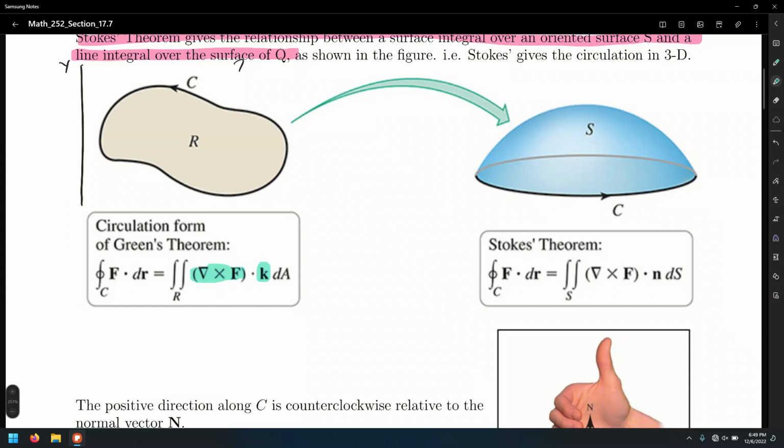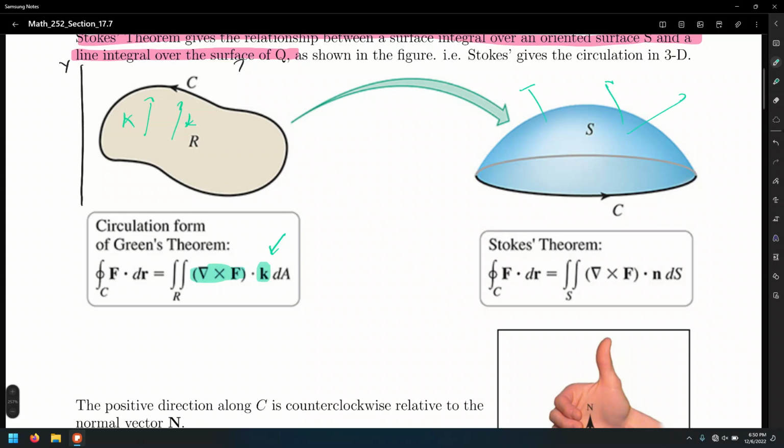Now, if this plane is turned into a surface, now check how in this case, this normal vector is in the direction of K, or in the direction of Z, if you will. However, in 3D, it's not just going to be a vector in the direction of K, but it's going to be a vector in multiple directions.